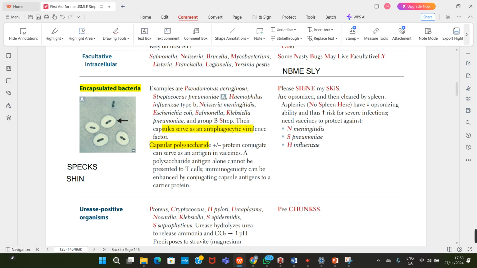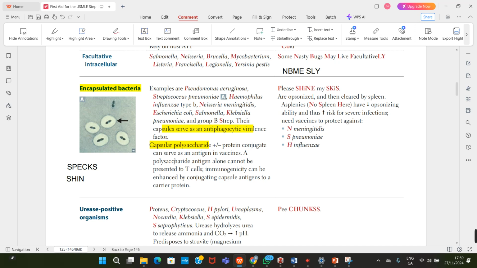Have you heard of PPSV23 before? Yes, very good. So the PCV vaccine for pneumonia is a conjugated vaccine. PCV, pneumococcal conjugate vaccine. The PPSV is a polysaccharide vaccine. It means they just take the capsule and use that to make the vaccine. That's the PPSV23.